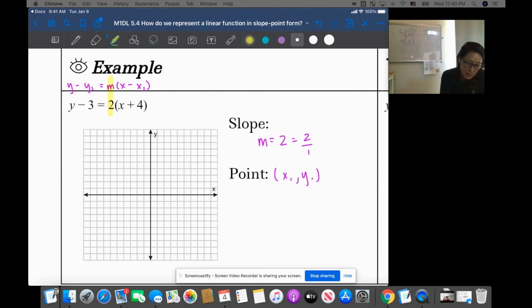So +4 should be the opposite of x1. So the opposite of +4 is -4. And then -3 is the opposite of y1. So that should be +3.